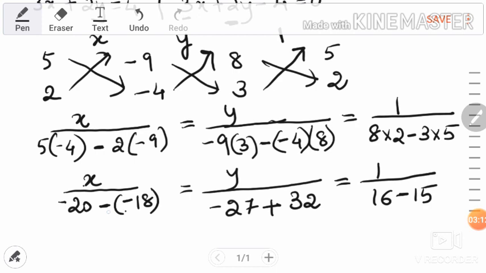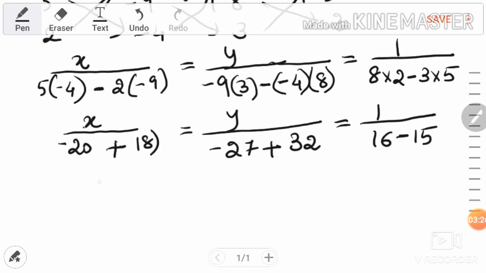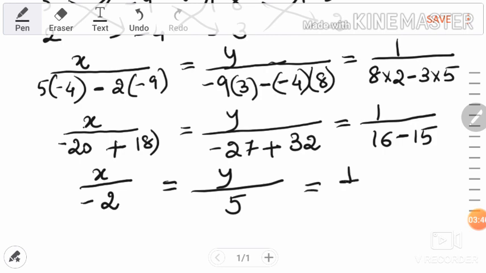We can simplify this sign over here, that is minus and minus will become plus. So x upon -2 is equal to y upon, calculating the denominator, this gives us 5, equal to 1 upon 1.